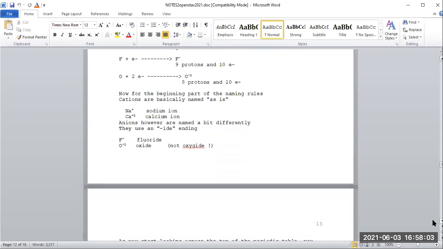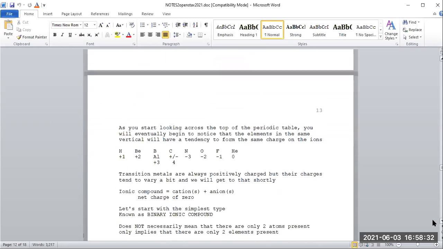Oxygen loses most of its letters, all the way down to the O and the X, and then you put the IDE ending on it. So not oxygen, it's supposed to be oxide. Nitride, bromide, phosphide, sulfide. All of those are ones you will be seeing.